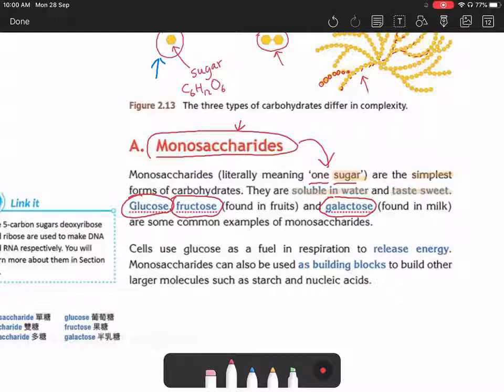I'm asking you, check the examples of the 3 sugars, 3 monosaccharides. Example 1, example 2, example 3. Look at their names. Glucose, fructose, galactose. Can you see any similarities? Any common point?